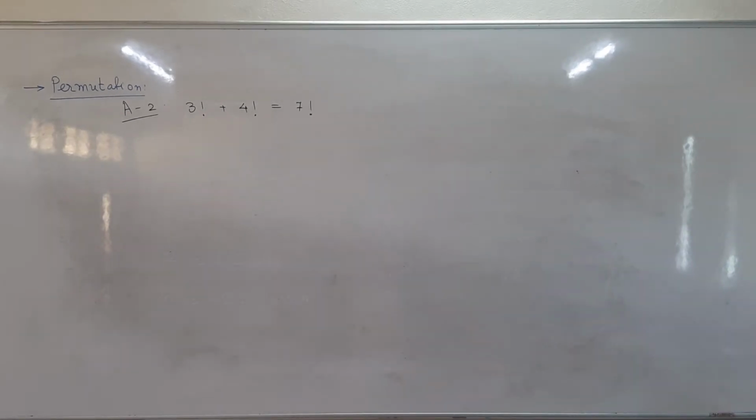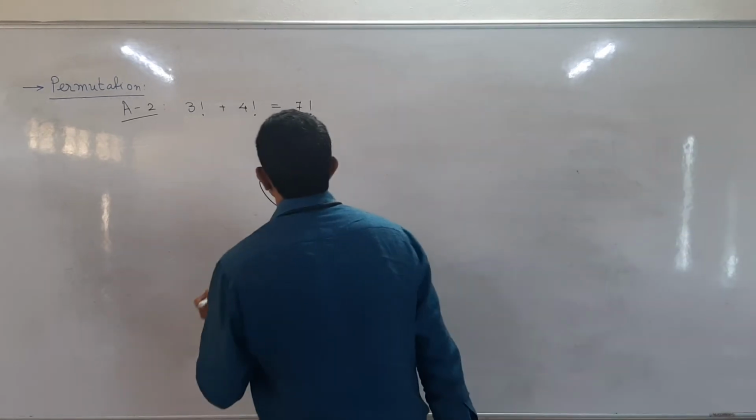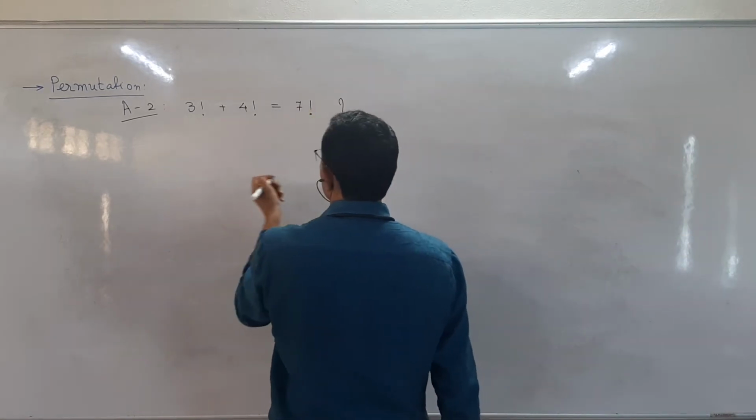Students, we are told to verify this. Is LHS equal to RHS or not? That, students, we have to check. So first I will simplify LHS. Is this true? It is a question.